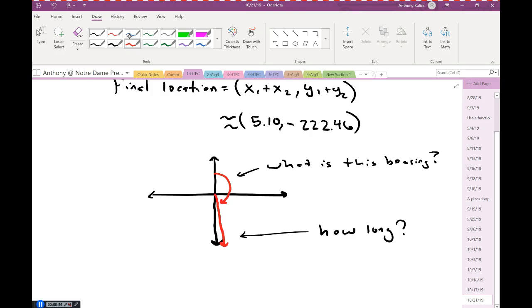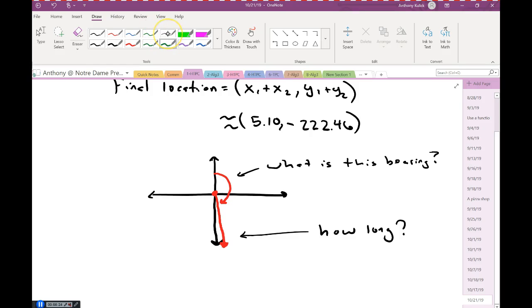How long is that arrow? How can I calculate how long that arrow is going to be? If I want to know how far it is from this point to this point, what would I use? Joanna? Sure.